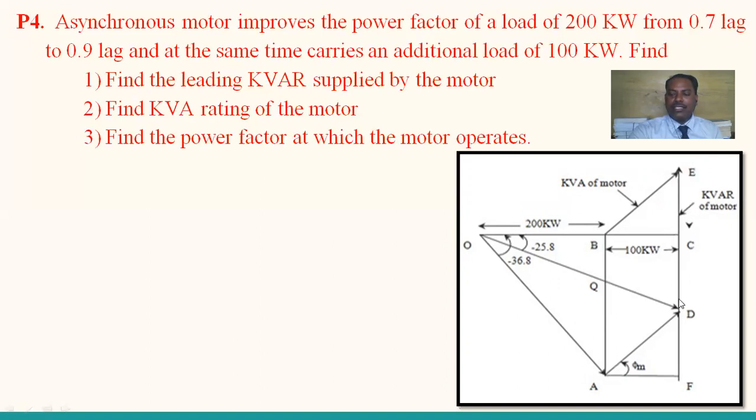That is the new reactive power DC. You have to project it here. This seems to be ADF belonging to the triangle BEC. This amount, CE, of reactive power is to be neutralized.